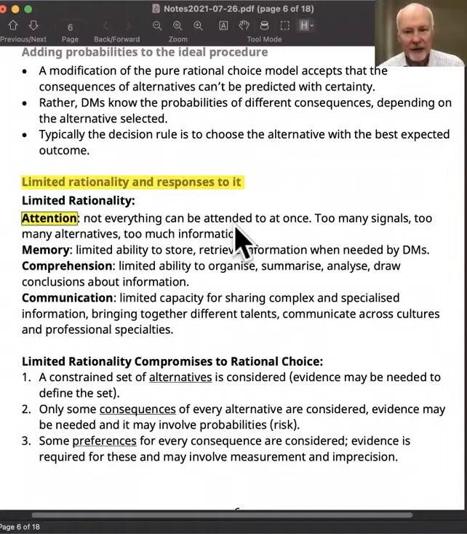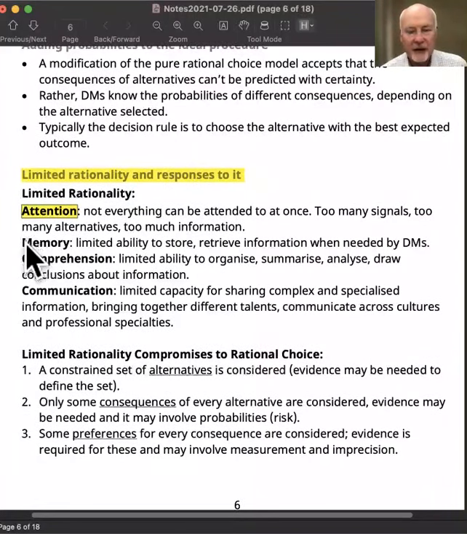is one limiting factor. In real life, there's too much information. We can't pay attention to everything at once. We can't weigh everything up as much as we would like. The second limitation is memory. So as humans, we have limited ability to store or retrieve information.